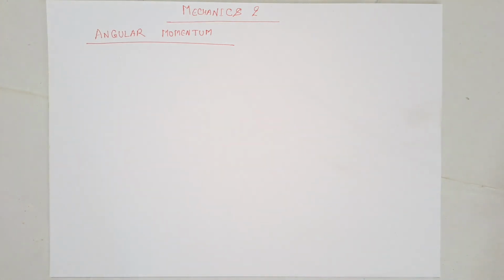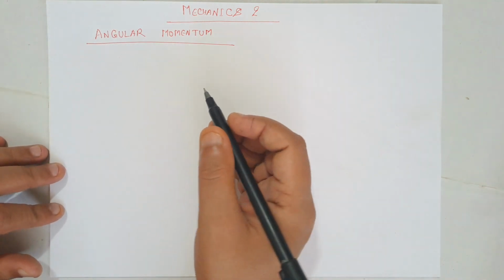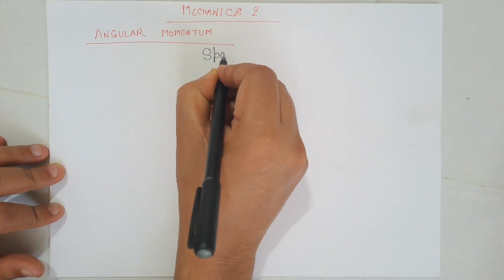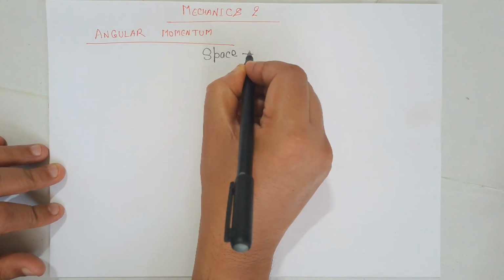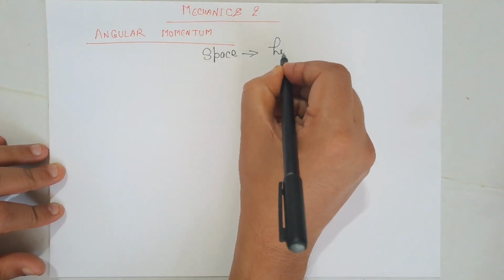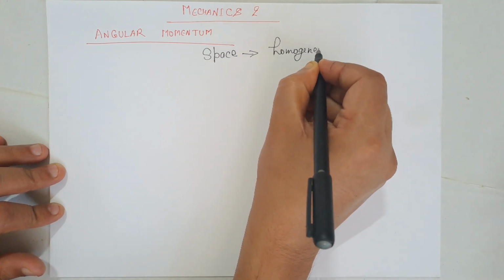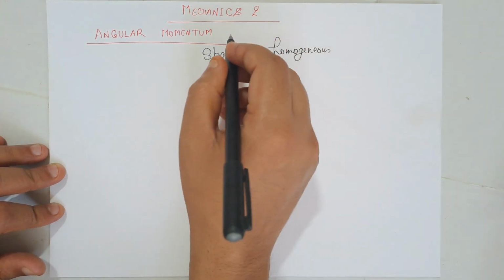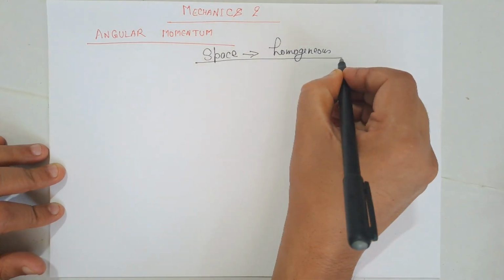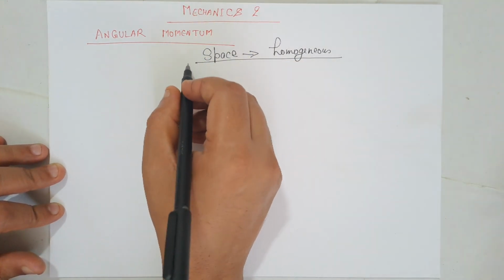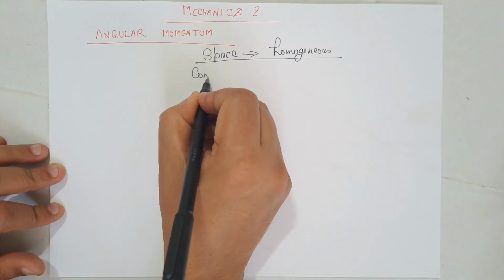Today we will learn about angular momentum. According to classical mechanics, space is homogeneous. From the homogeneity of space follows the conservation law.